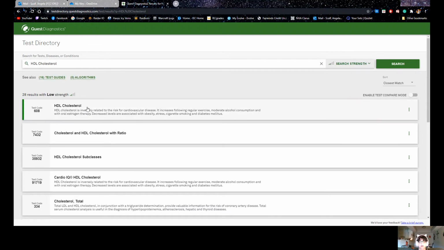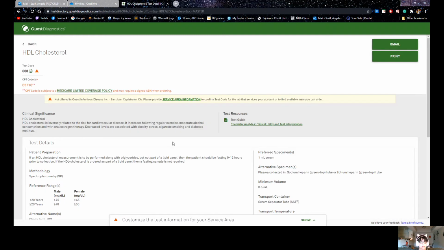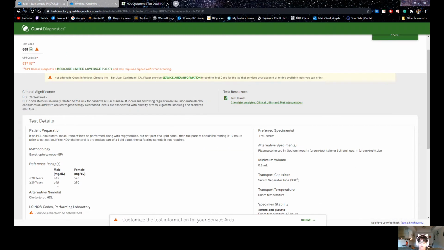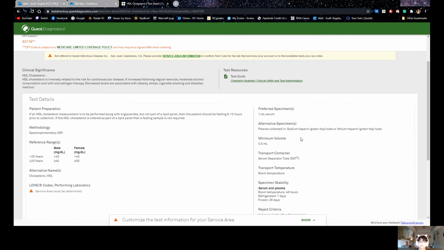So HDL cholesterol. So basic. It gives you the male averages, under 20, over 20, and the female, okay? And then it tells you, you can either pull this in a green top, I think there's a light green and a dark green, the sodium heparin or the lithium heparin.